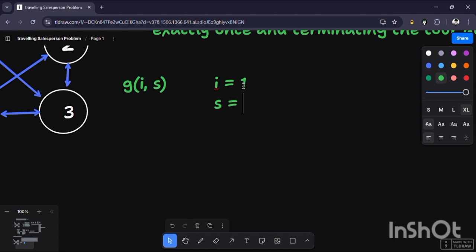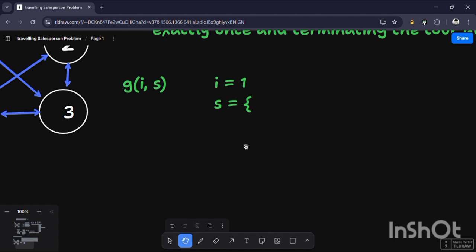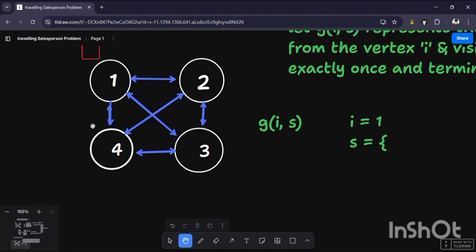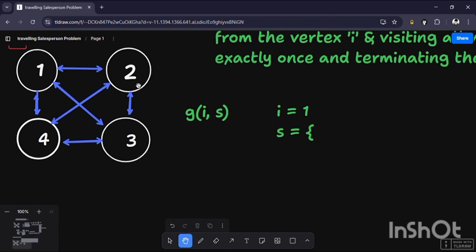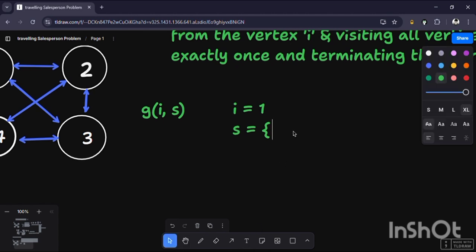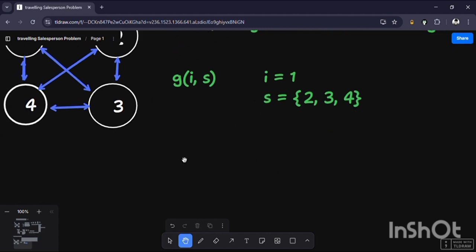And what is S? S means the remaining options that I have from vertex 1. From vertex 1, I can go to 2, 3 or 4. So the value of S will be 2, 3, 4. This is the initial value of S.